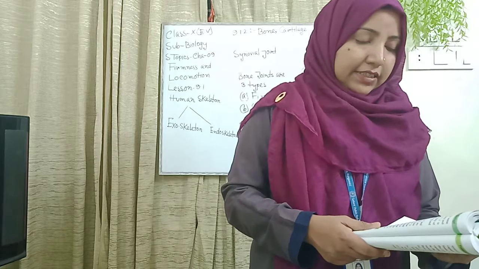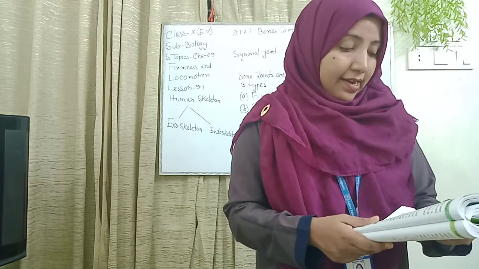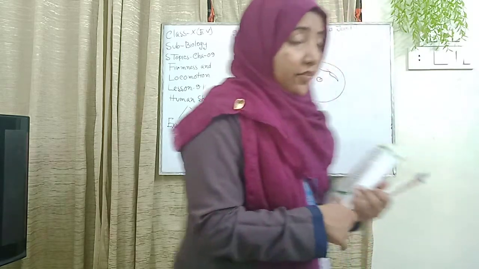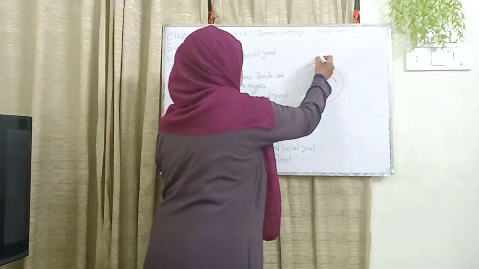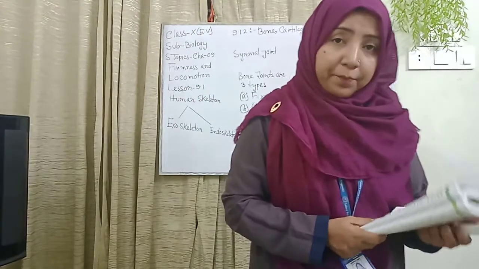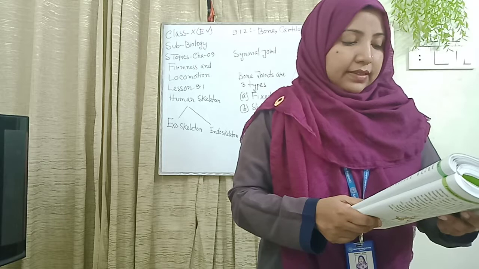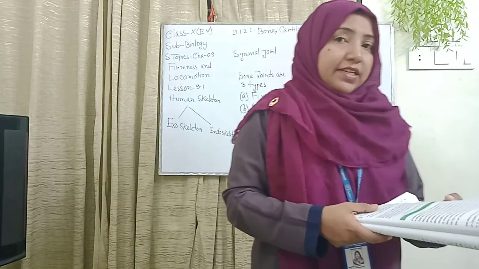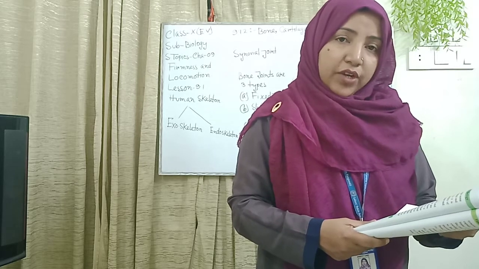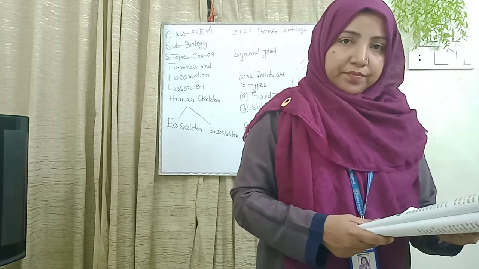All cartilage is enclosed by a layer of fibrous connective tissue called the perichondrium. This layer is glazing white in color, so cartilage looks white, bluish and glazy, shining.